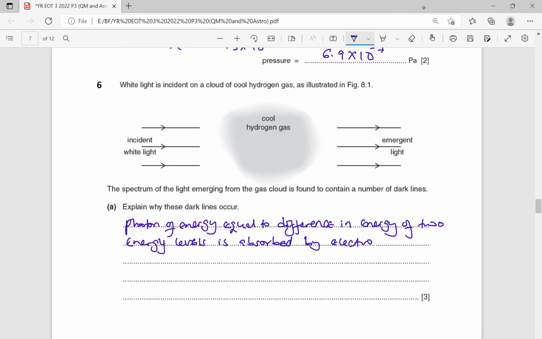So the electron does not absorb any photon. It only absorbs a photon whose energy is equal to the difference in the energy of two energy levels. So the electron has now absorbed a photon.